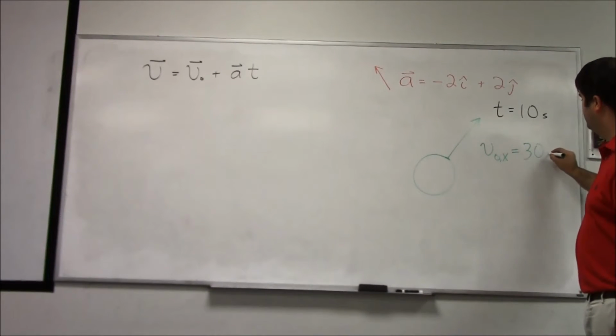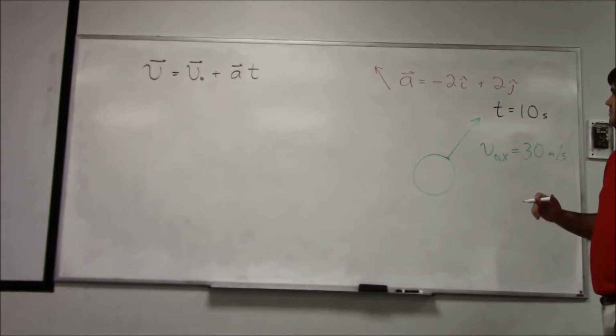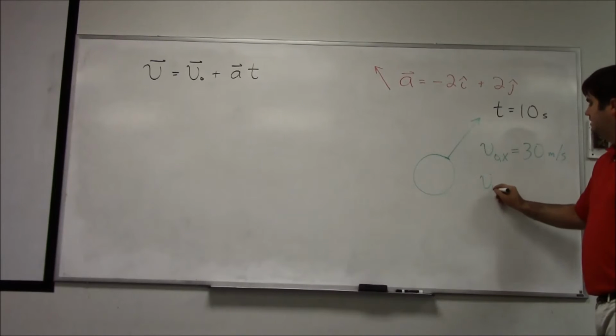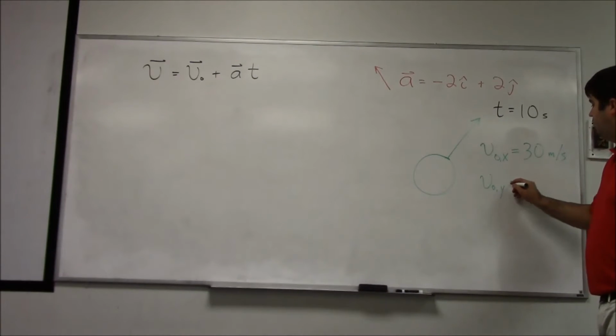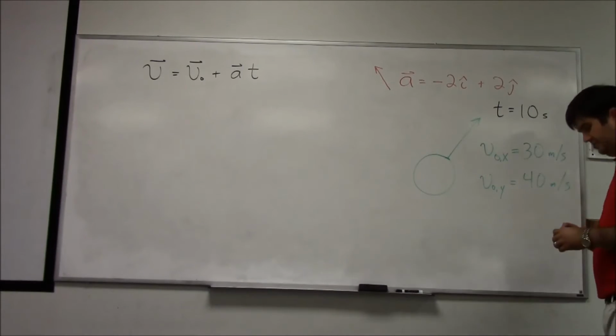I shouldn't have erased that before I remembered what it was. Yeah, I believe that was 30. And then an initial velocity component in the y direction, an initial y component, which was, I believe, 40. Apologies if that's not actually correct.